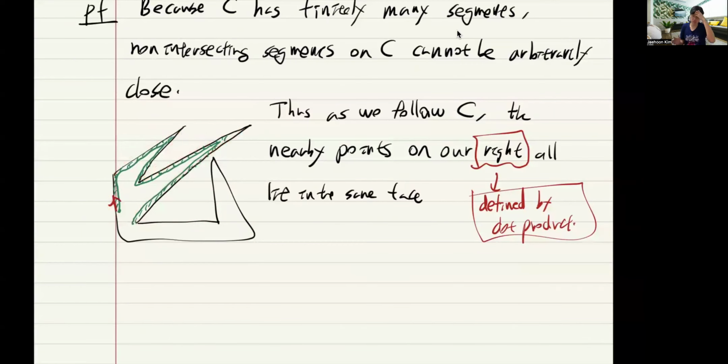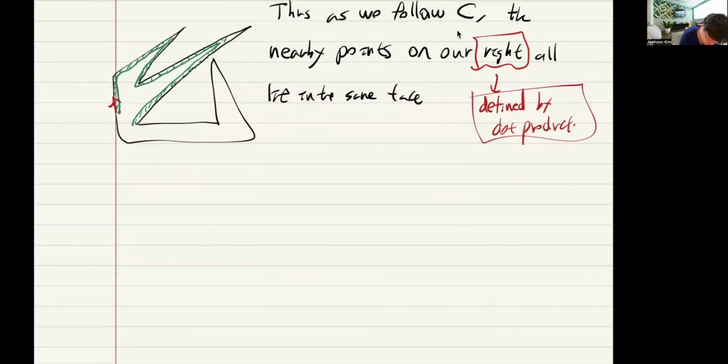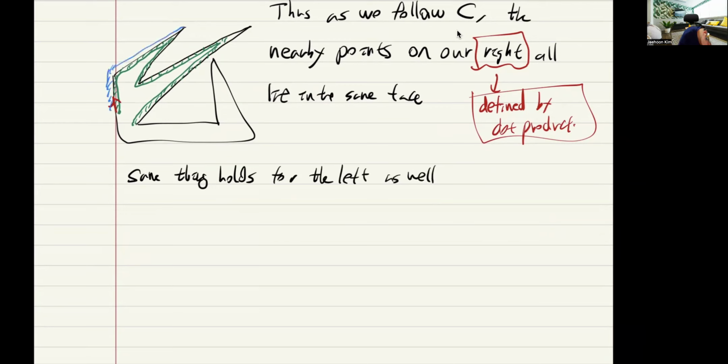And then using the dot product, you can define what right means and left means. And the same thing goes for the left side. So the point on the left here belongs to the same face as well.